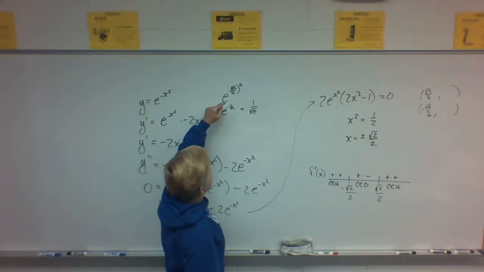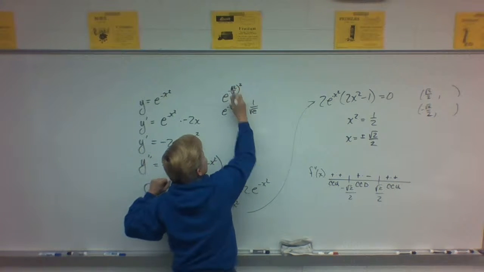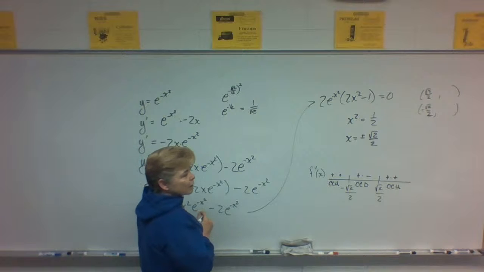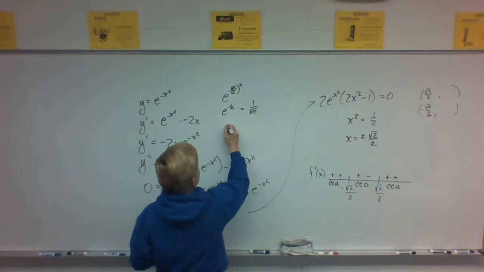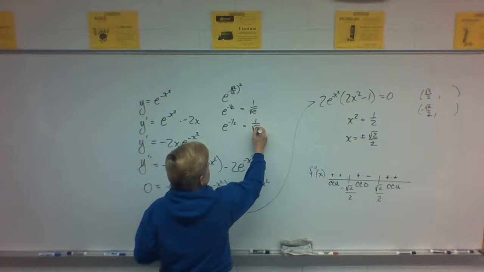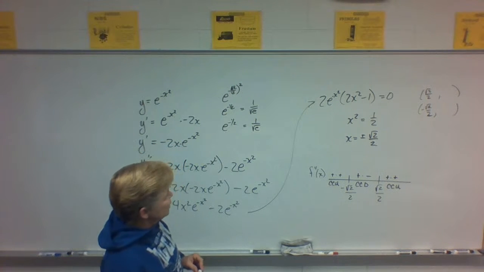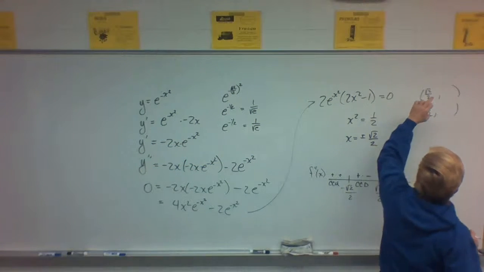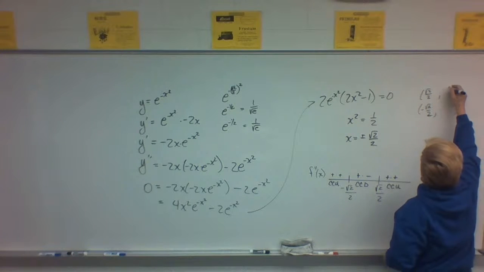What happens when you plug in negative root 2 over 2 in there? -1 over root e? No, you get the same thing, because you're squaring it. Doesn't matter whether it's positive or negative. So both of these points are up the same amount.